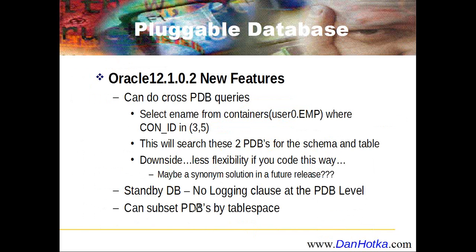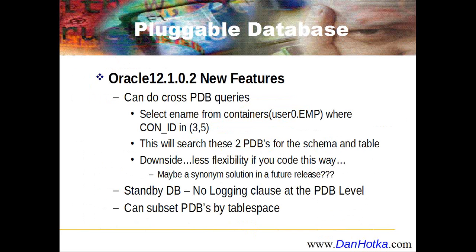Oracle 12 release 1, actually they call this a sub-release 2. You can do cross-PDB queries. There's a con ID now, so the connection where the pluggable database gets plugged in has a container ID. So now you can code queries to go across containers.